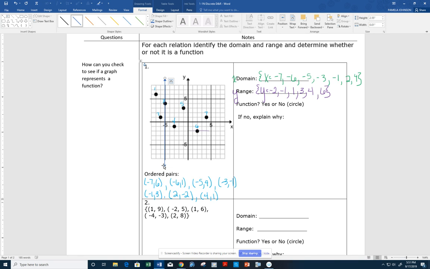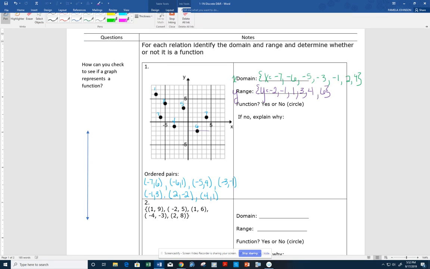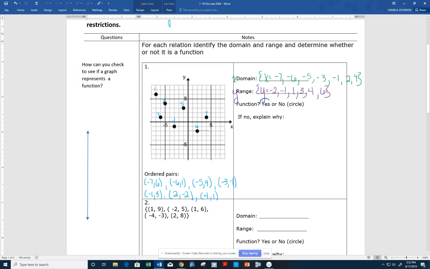So if I take this vertical line and I move it along my graph, we'll see that at any point along this graph, it only hits one of our numbered points, okay? So since it only hits one of our numbered points, then yes, it is a function.